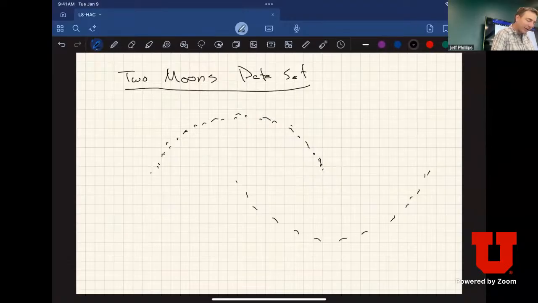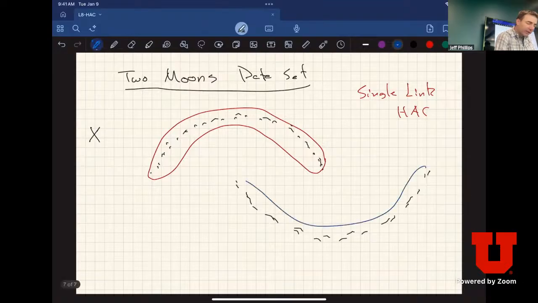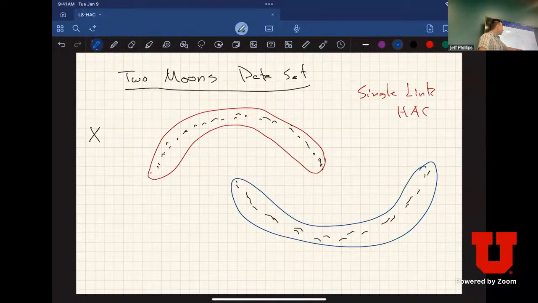So this is the point set, this is X. If I use single link HAC clustering, I'm going to group this together in one cluster and this together in the other cluster, because the distance between a pair of points is never too large.